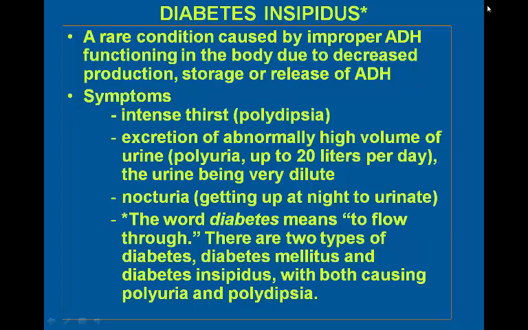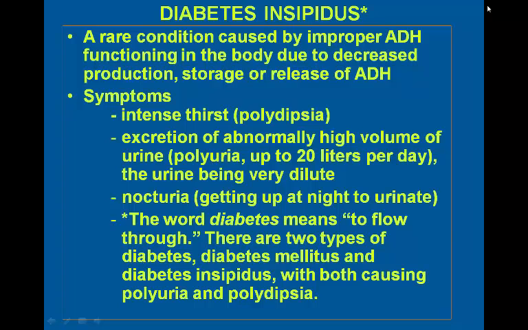If you think about 20 liters, think about 10 2-liter Diet Cokes. That would be a whole lot of urine, wouldn't it? Or another way of looking at it would be about 5 gallons, a little over 5 gallons in a day's time.